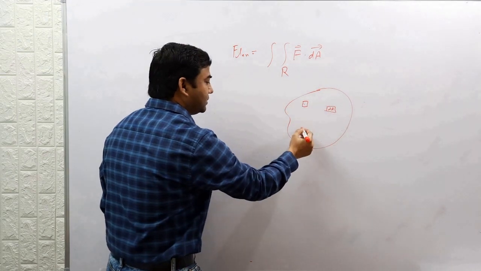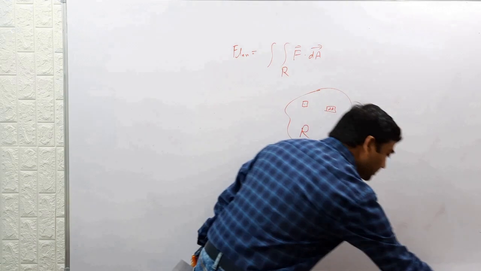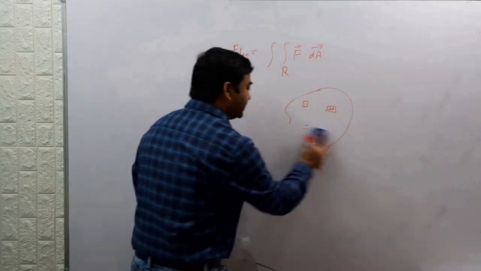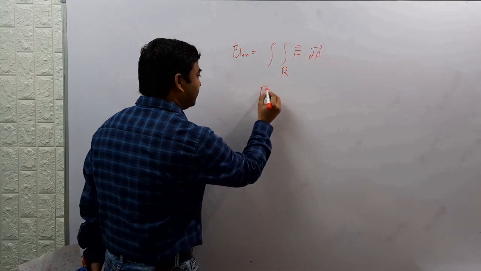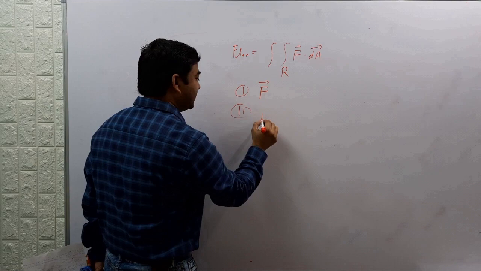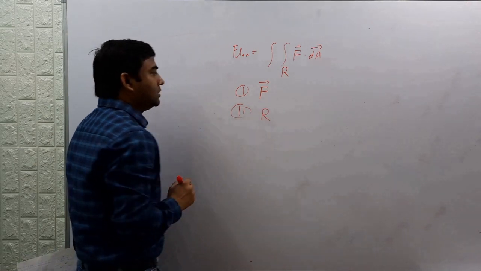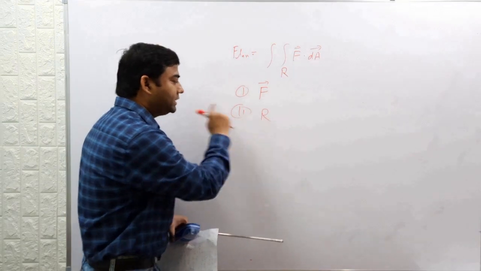In this region R, this is the region R. So in the double integration, you have two quantities. First is the field and second is the region R. You will have the equation of the field and you will have the equation of the region.